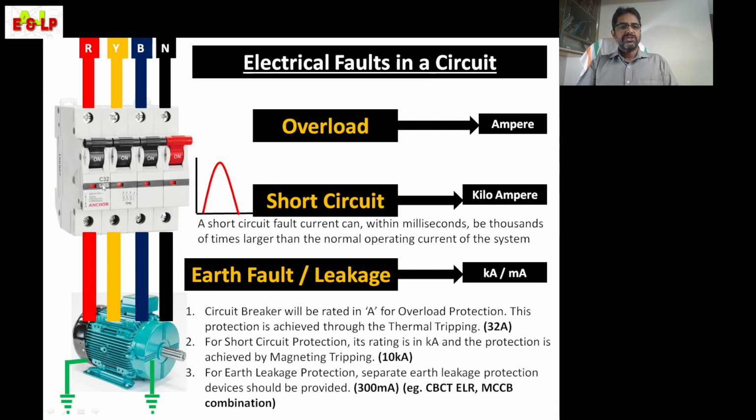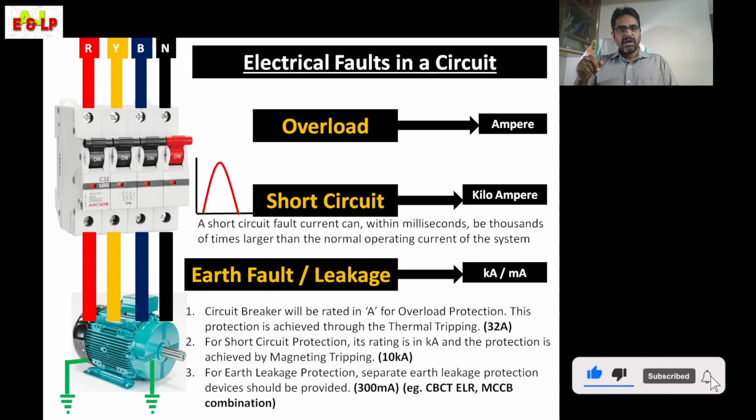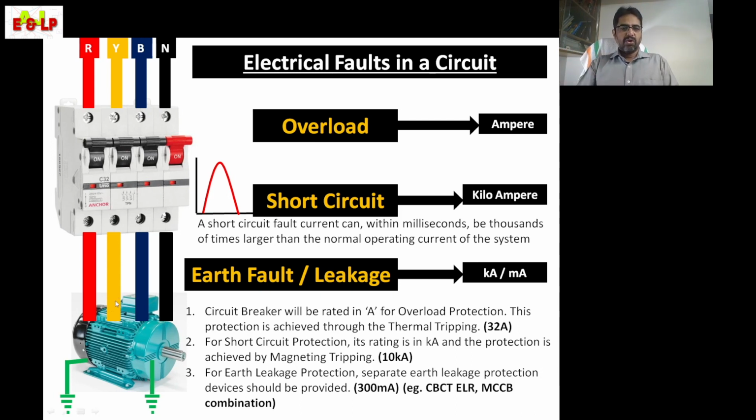See here, C32 means 32 ampere current. Its capacity is 32, or the motor can carry up to 32 ampere. So when the current goes beyond 32 ampere, it will trip. If the current goes beyond 32 ampere, that is what is called overload. It means the load has a rated load current, and when the current exceeds that, it is called overload.